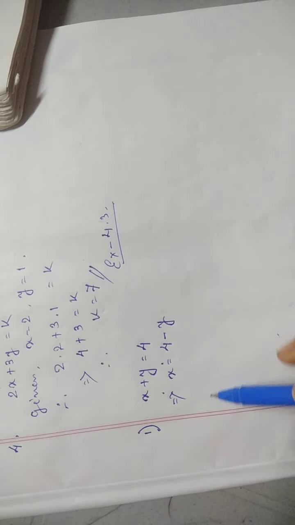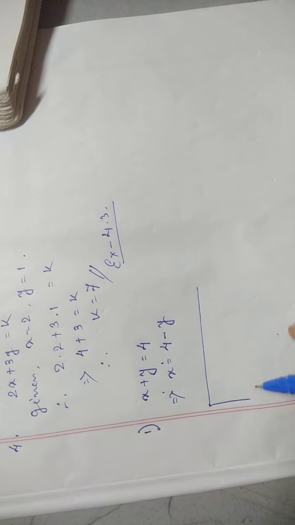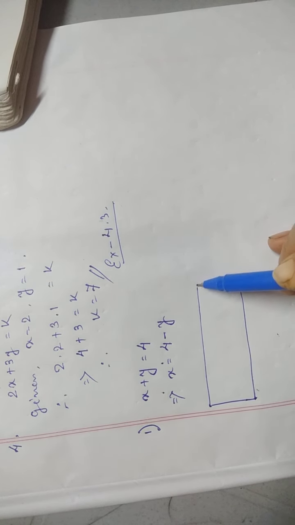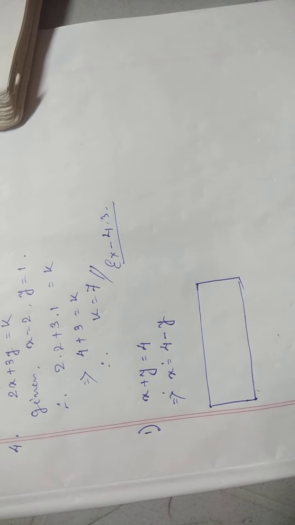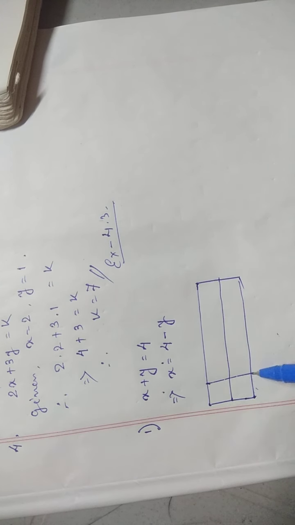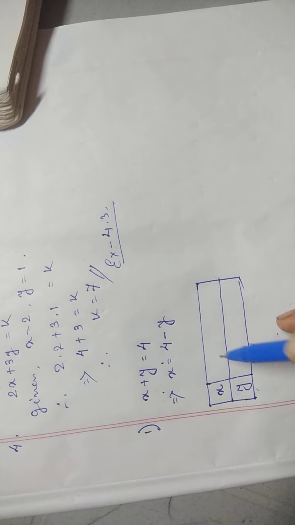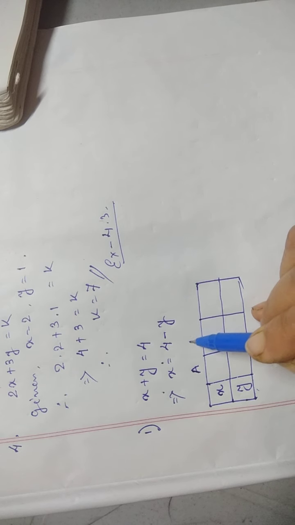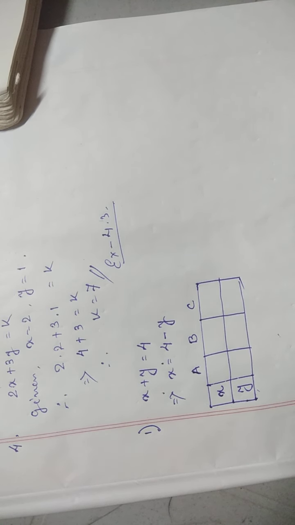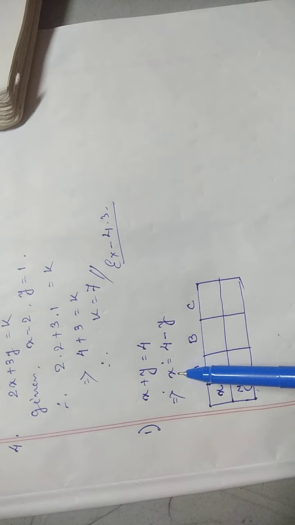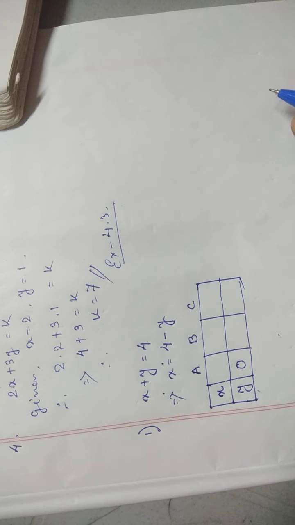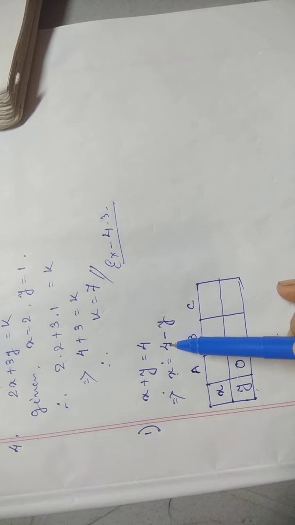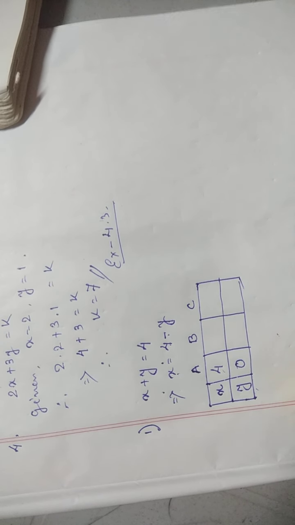Clear? So, we have to draw the graph. For that, we have to find some solutions of x and y. This is the value of x, this is the value of y. Some coordinates we have to put. The first point is A, this is B, this is C. Now, if I put y equal to 0, then what is the value of x? 4 minus 0, it is equal to 4.